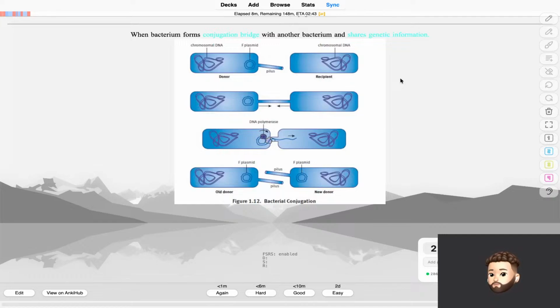When a bacterium forms a conjugation bridge, another bacterium shares genetic information. Okay, so it has the F plasmid.